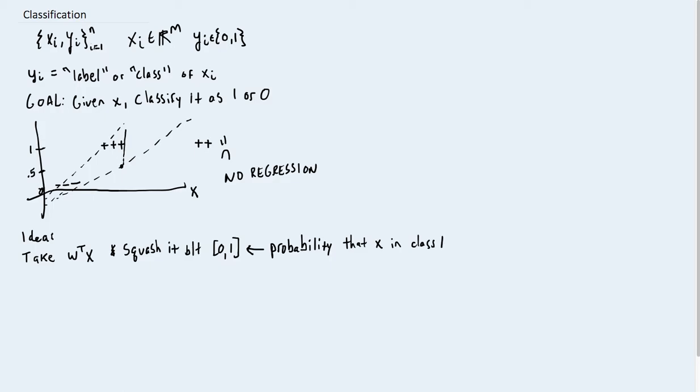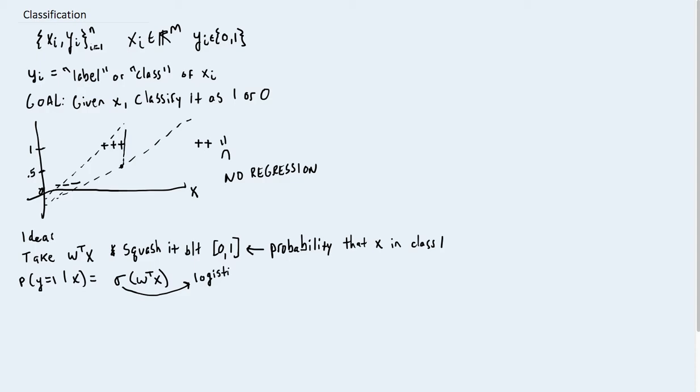So if x is truly in class 1 and not in class 0, we want that probability to be really high. And so we'll say that the probability, more formally, that y equals 1 given some x is equal to some squashed version of W transpose x, where in classification, this function is called logistic.